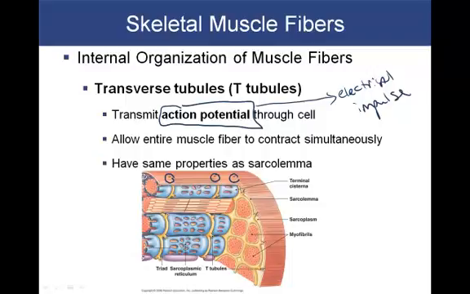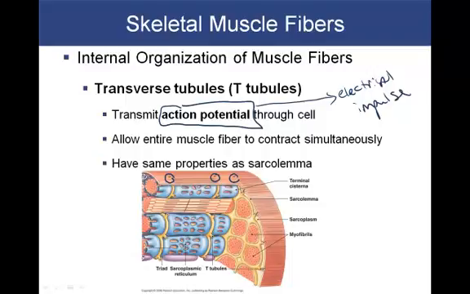And we note that the little openings of the transverse tubules are located all up and down the muscle fiber. And the reason that this is so is when the muscle fiber contracts, we need to have the entire unit contracting at the same time.